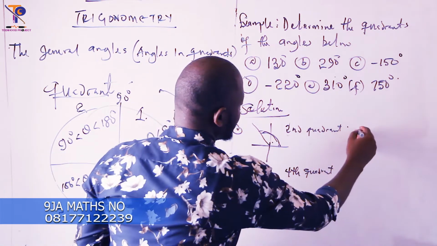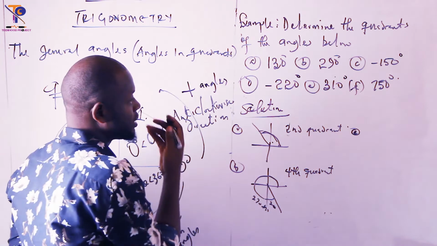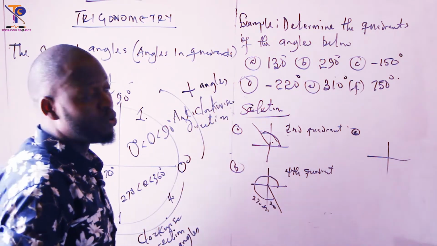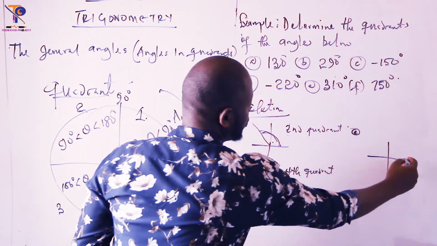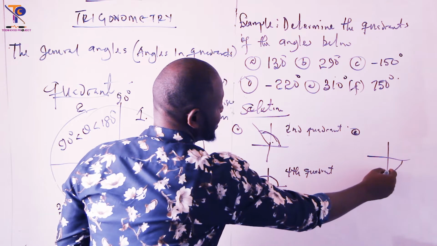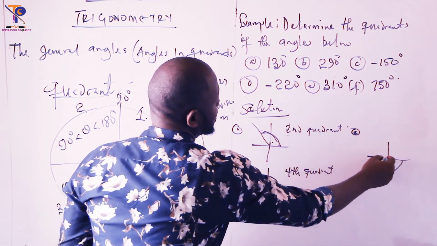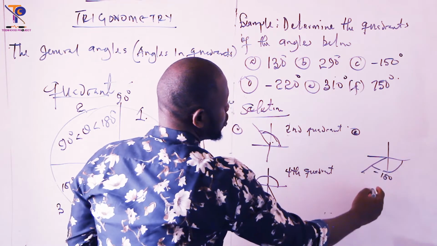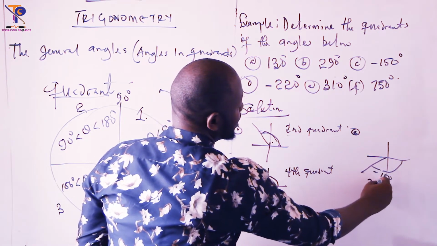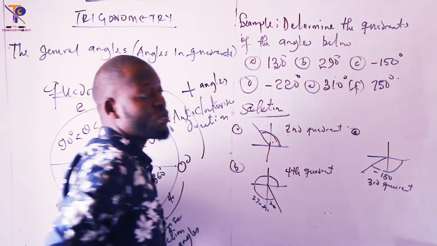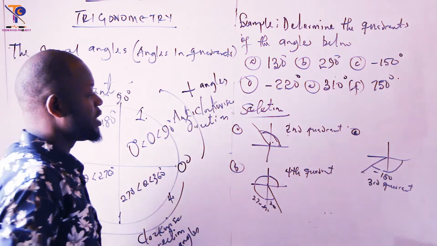And for this third one, that is angle minus 150. Like I said to you, if it is negative, you turn this way instead of going this way. So this is 90, then my 150 falls here. So minus 150 falls on the third quadrant.